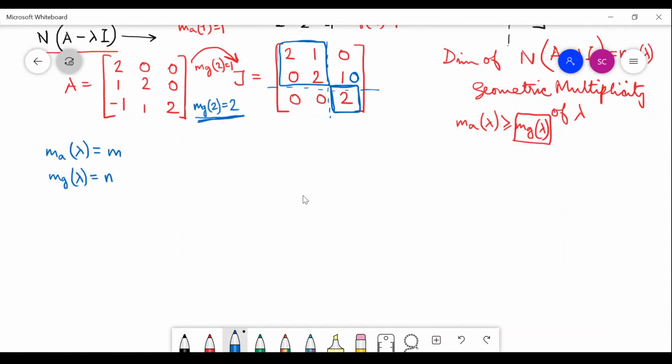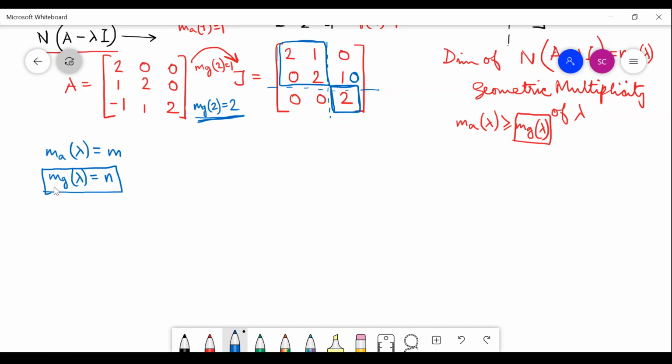So then what will happen? You will of course understand how many Jordan blocks you have to construct, but you may not have any idea of what would be the sizes of the Jordan blocks. How to place the Jordan blocks in the Jordan form, you may not have any idea.